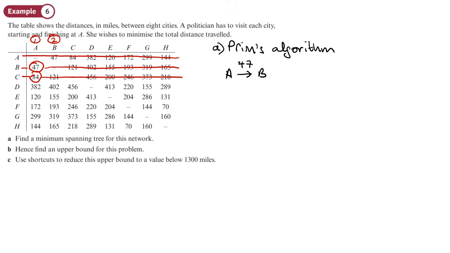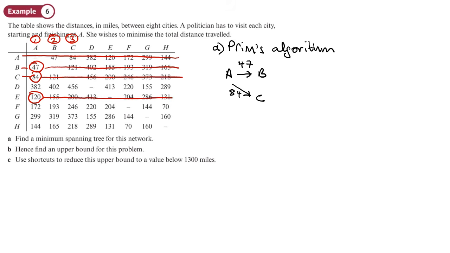Now, you need to be careful here because we're going to town C from town A. So that's 84. So now we're going to label column C3, and now we're going to look for the lowest weight in one of these first three columns here. Now that looks like it's 120, so we'll circle 120.